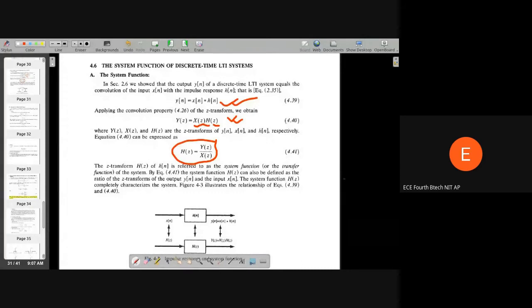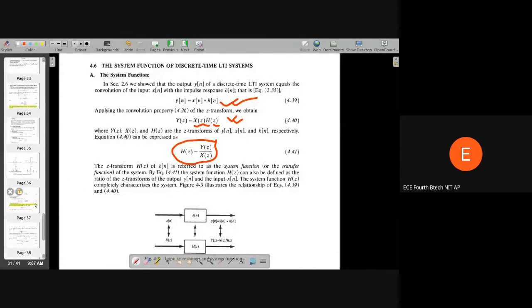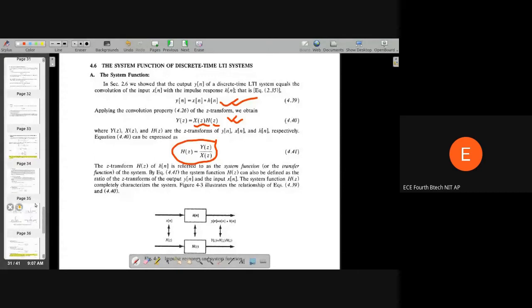So we were discussing various roles of poles and zeros. Let me recapitulate some of them once again.